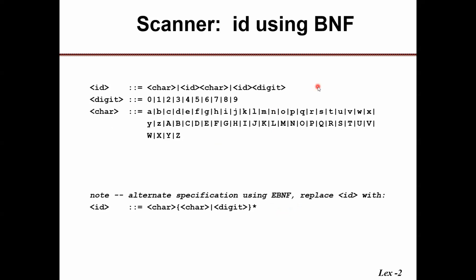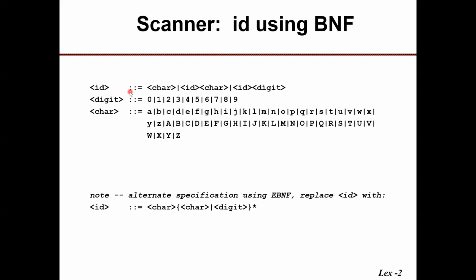So let's take a look at the first tool, the most simplistic tool, I should say. That is the BNF, or Backus-Naur form. The way that you read the Backus-Naur form is you're going to create some rules. These rules are going to have names that we put within angle brackets.